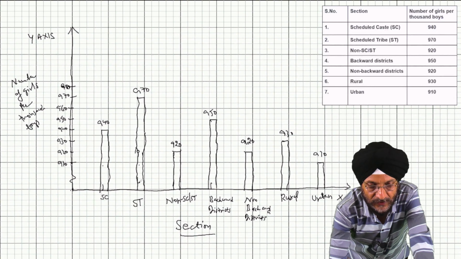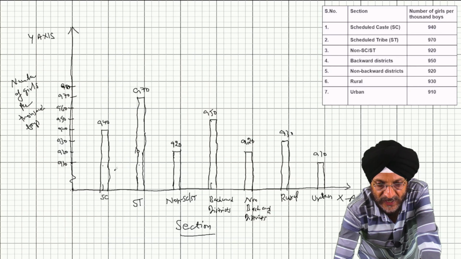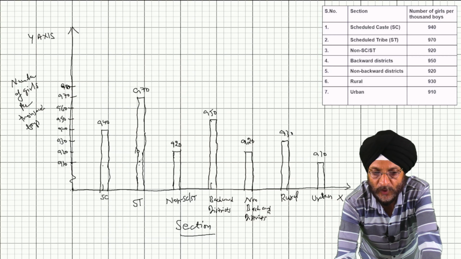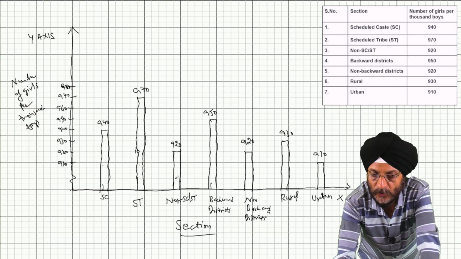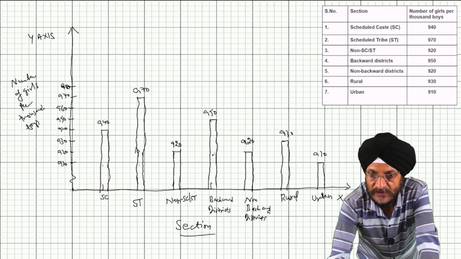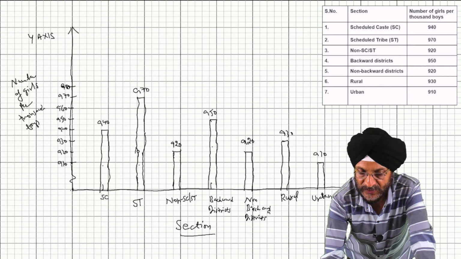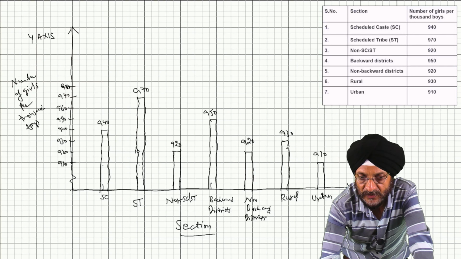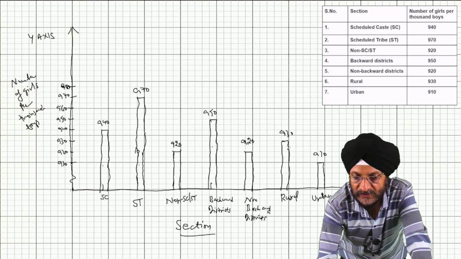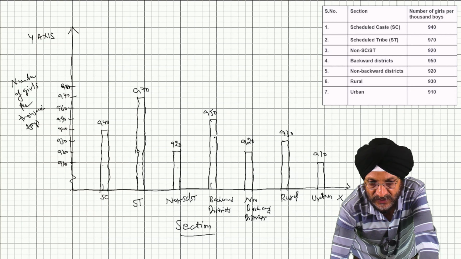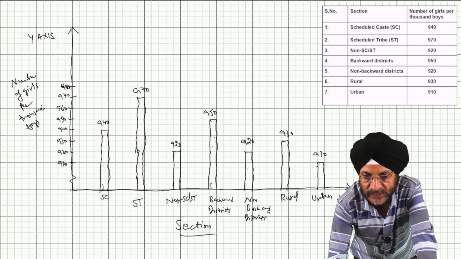You see here from the graph that in the case of SC and ST section, the number of girls is higher as compared to non-SC ST. In the case of backward districts, the number of girls per thousand boys is higher in comparison with non-backward districts. And in the case of rural section, the number of girls per thousand boys is higher as compared to urban. That is, these two are higher in comparison to this. This one is higher in comparison to this. This is higher in comparison to this.